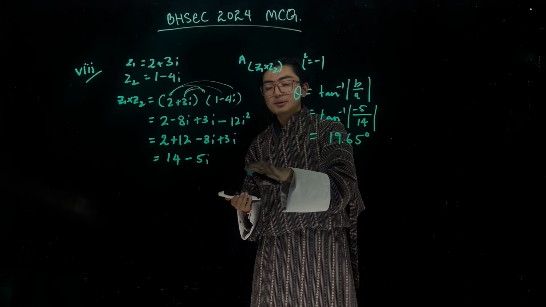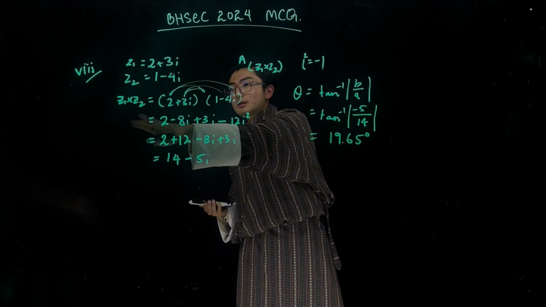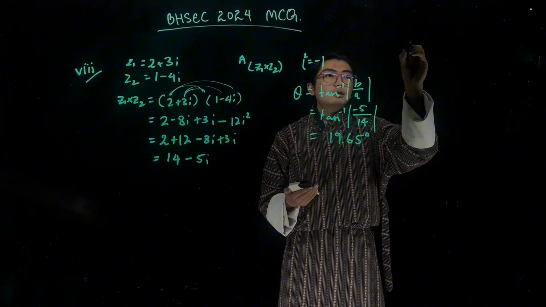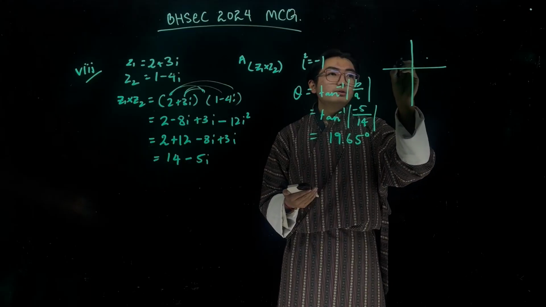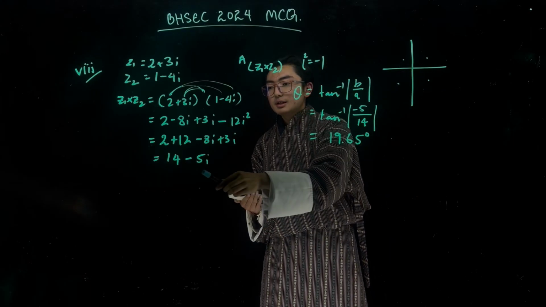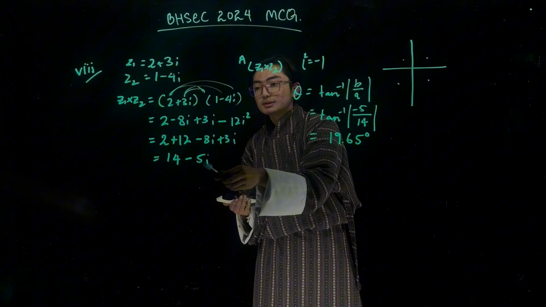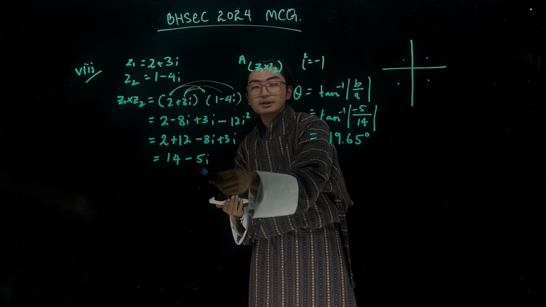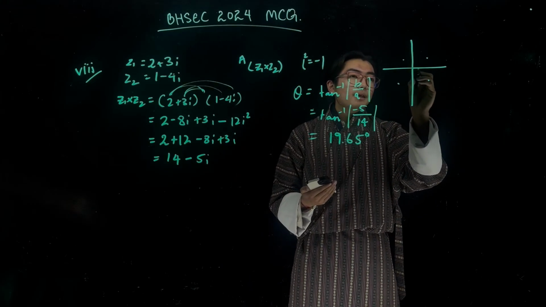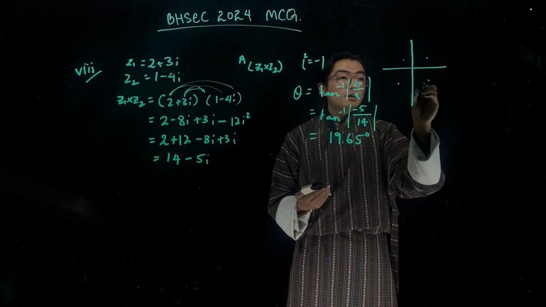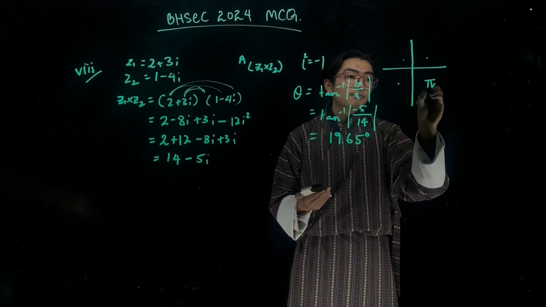Now we must never forget the final step, which is to find which quadrant this complex number z1 times z2 lies in. So in the quadrant we have 1, 2, 3, 4 quadrants, and since this is basically the coordinates of the complex number, we have x is 14, y is -5, so x is positive and y is negative, so the complex number will lie in the fourth quadrant.